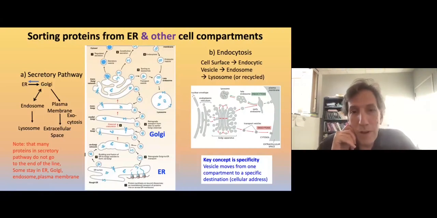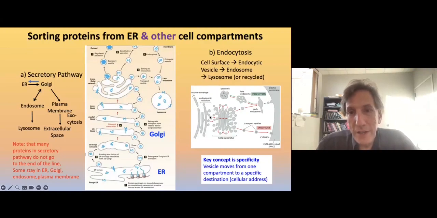So this leads us to one key question. All these proteins are moving to different places through these pathways. They are all moving on these vesicles, as you can see.